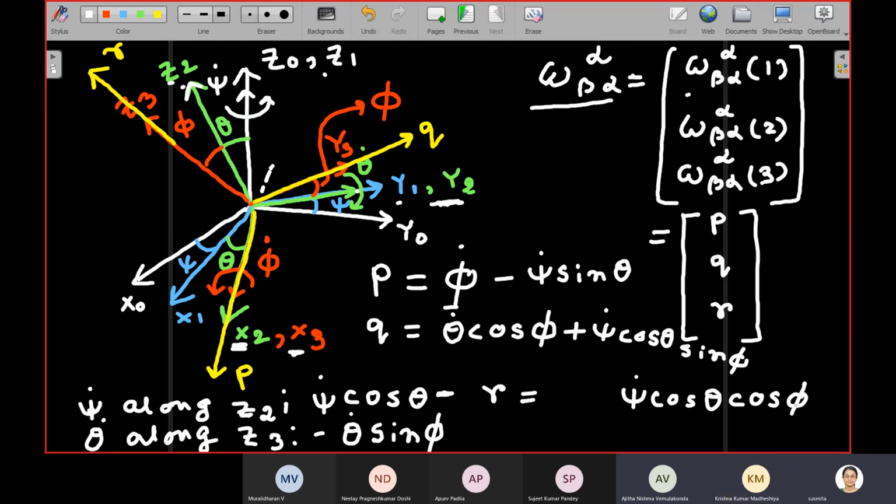It won't have components, but theta dot will. And what is that? Theta dot is along Y2, correct?